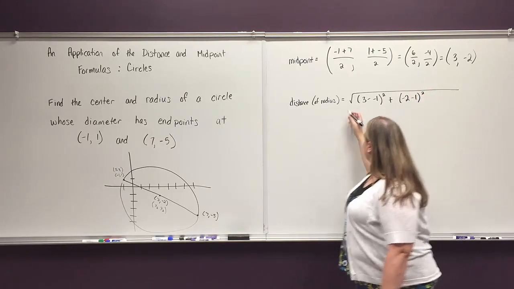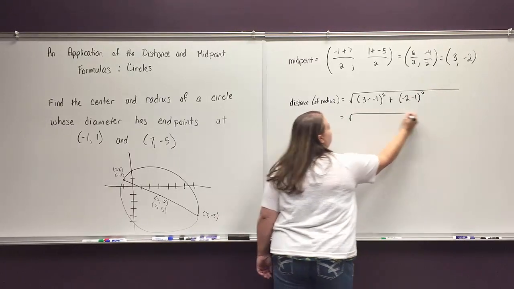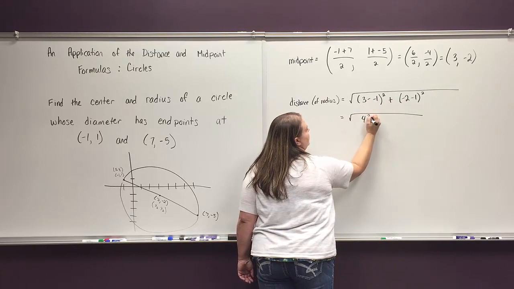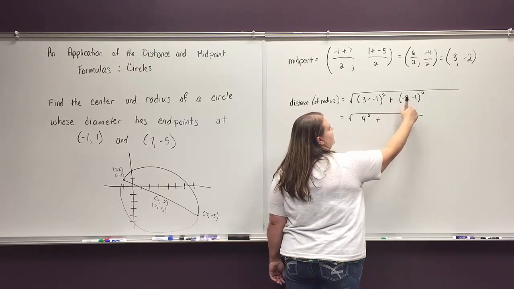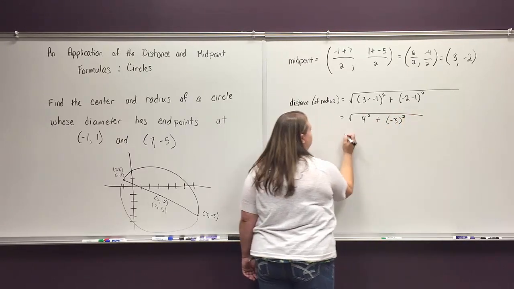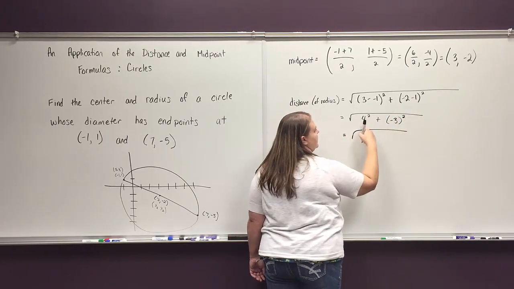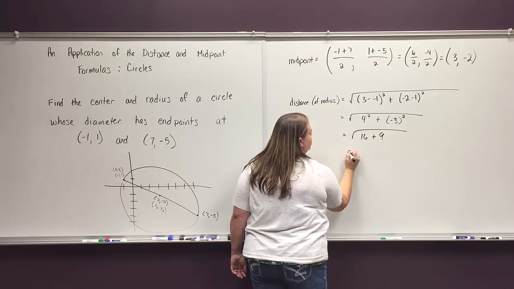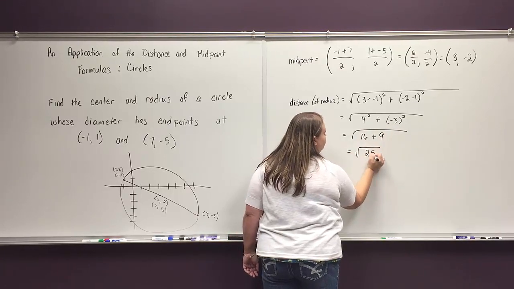squared. And so simplifying, 3 minus -1 gives me 4 squared, plus -2 minus 1 gives me -3 squared. Continuing to simplify, I get 16 plus 9 underneath the radical, which gives me the square root of 25.